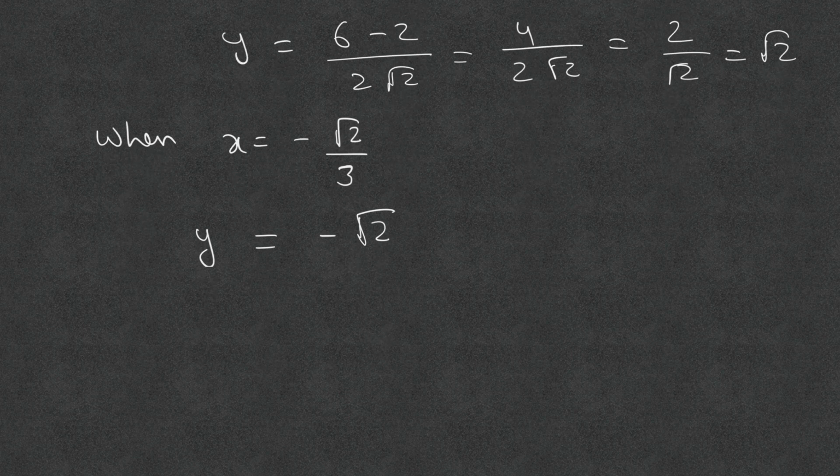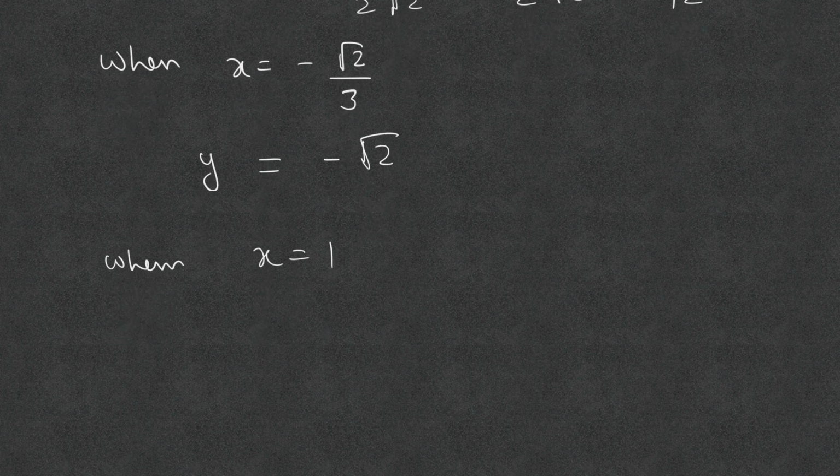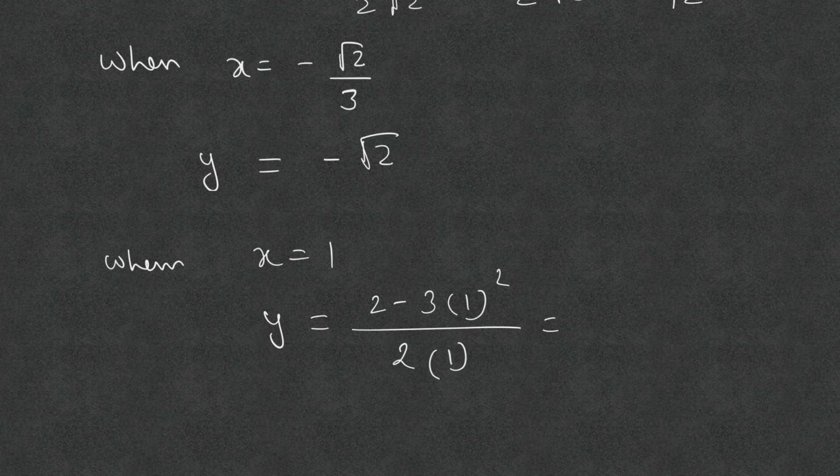Now we'll obtain the values of y when x equals 1 and when x equals negative 1. When x equals 1, y is equal to (2 minus 3x squared, which is 3 times 1 squared) divided by 2 times 1.